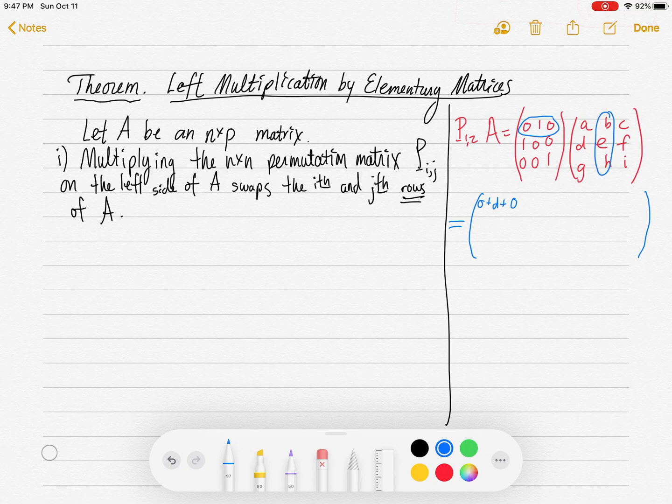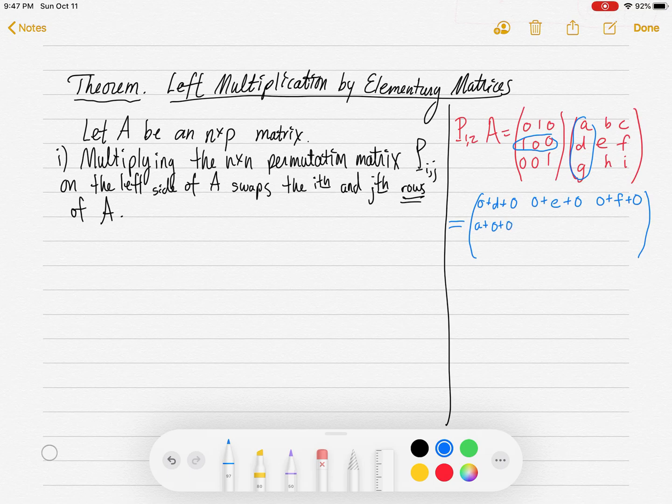Now the first row, second column entry. 0 times b is 0, plus 1 times e is e, plus 0 times h is 0. First row, third column. 0 times c is 0, plus 1 times f is f, plus 0 times i is 0.